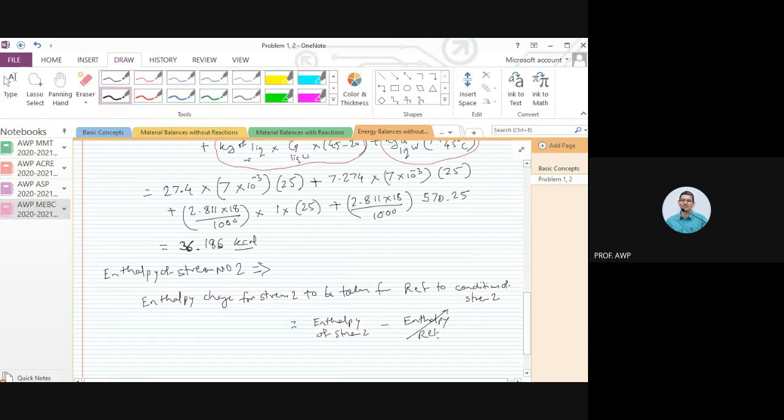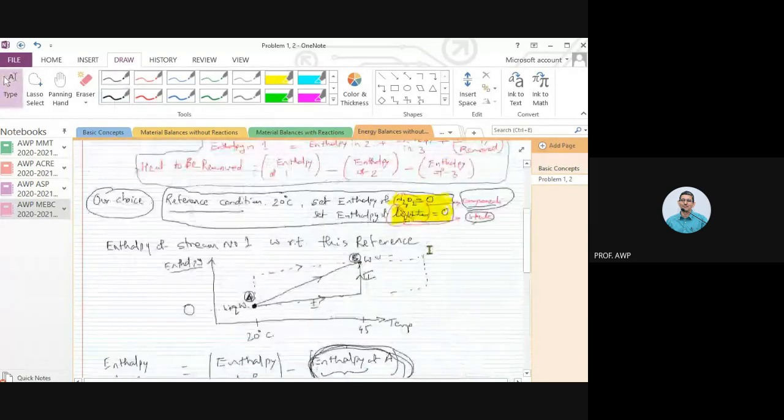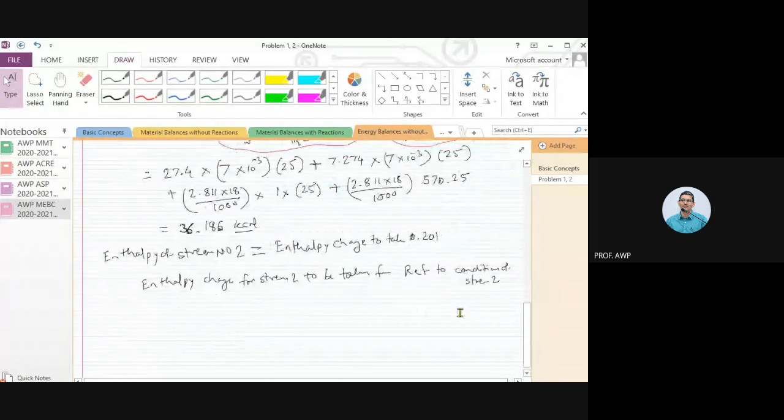And this is nothing but 0. Right? So enthalpy of stream number 2 would be enthalpy change to take 2.01, sorry, 2.01, not 0.201.